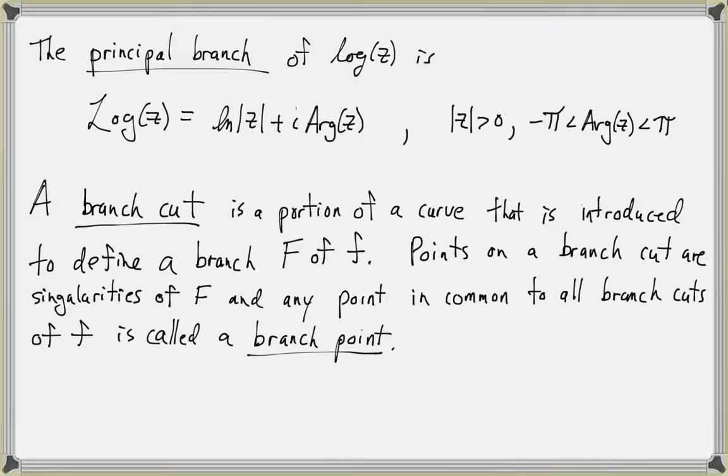So for the log function, our branch cuts were the rays with theta equal to alpha and the origin, where alpha is any real number. So we see that for the log function, the only branch point would be the origin.